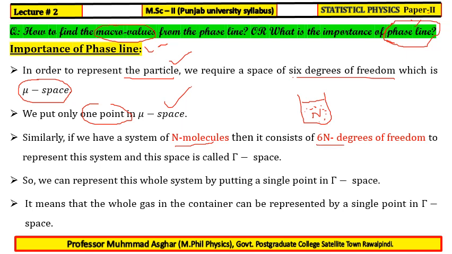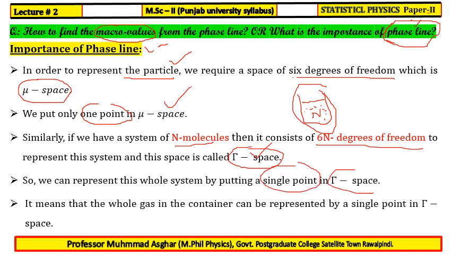We will have 6n degrees of freedom for the n molecules of a gas, and this can be represented in a space which is called gamma space. Gamma stands for gas. So in this representation, the whole of this gas system can be represented by putting a single point in gamma space, which gives us the point or state of a gas in this phase line.